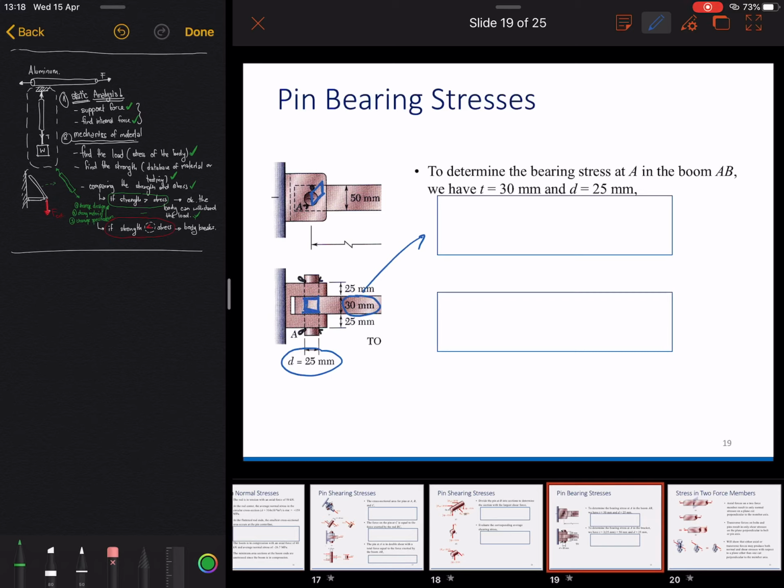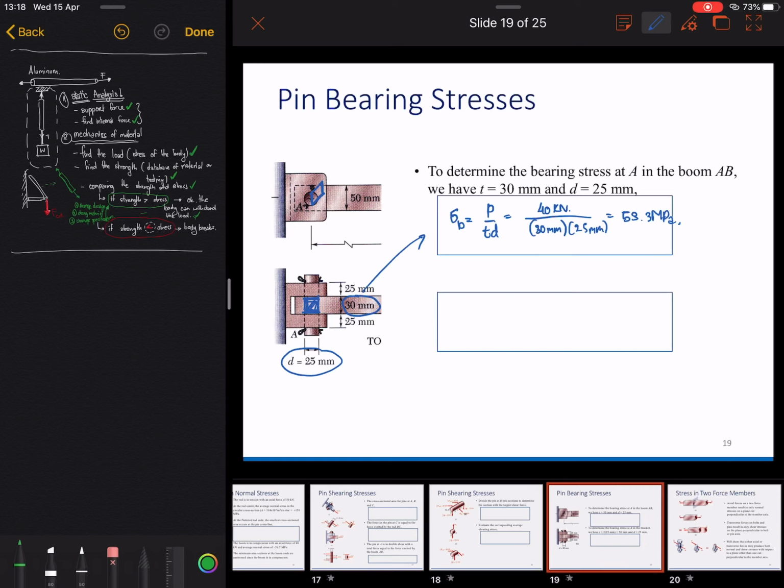This is for bearing of these objects. So we have bearing stress equal to P over T and D, and then here is 40 kilonewtons over 30 millimeters, 25 millimeters from the diameter, and this one is 53.3 megapascal.